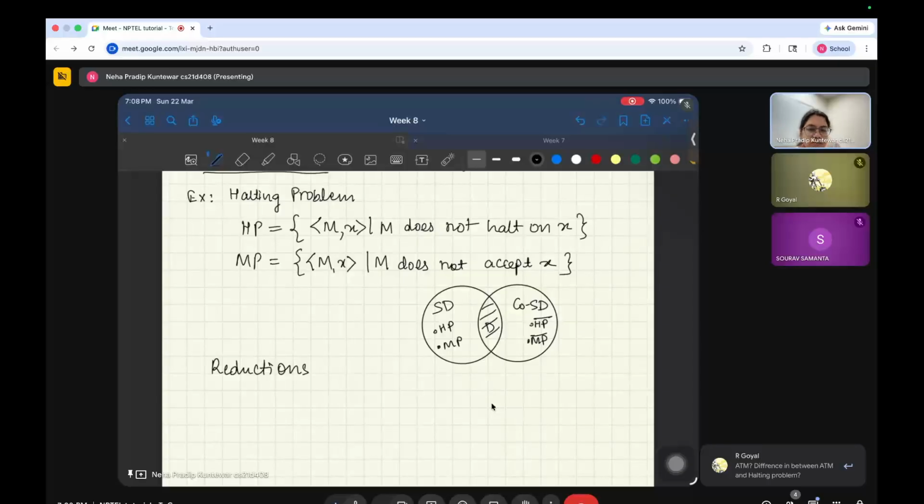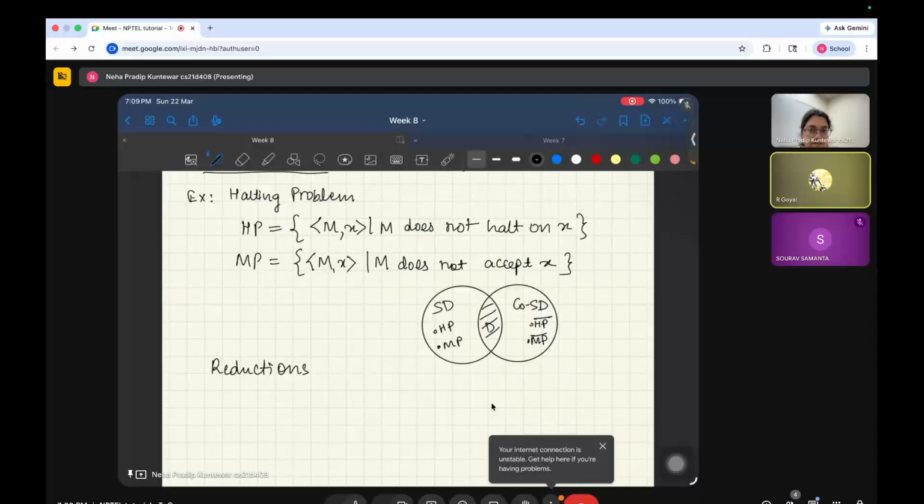What is ATM? That was the acceptance of a string. ATM was m comma w, wherein w is accepted by the Turing machine. So what's the difference between ATM and the halting problem?